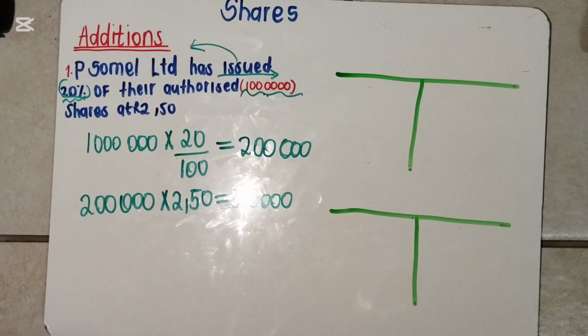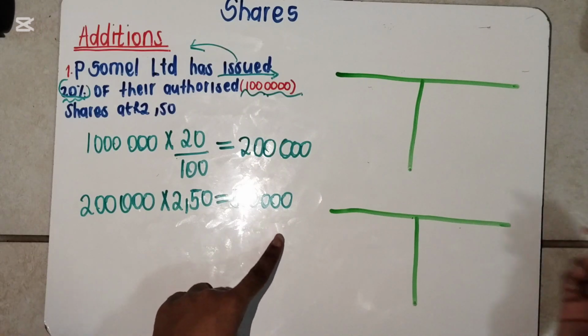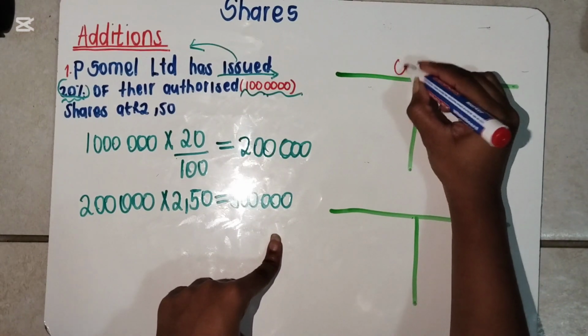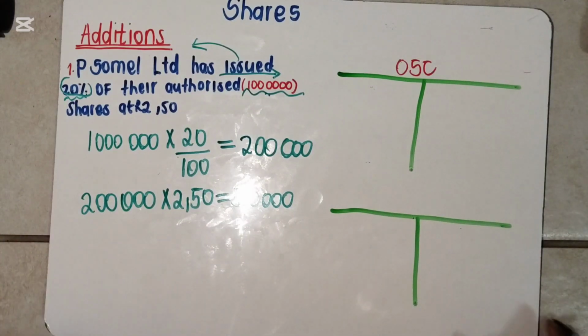Now, what accounts does this addition affect? It affects your ordinary share capital. That's a new term. If you find a new term, you go back to your terminology on our TikTok channel and check what ordinary share capital is.